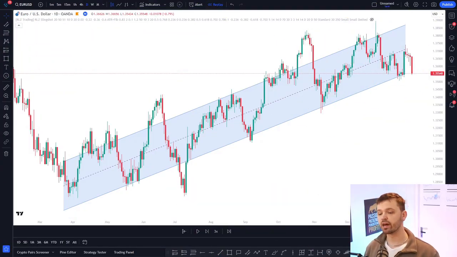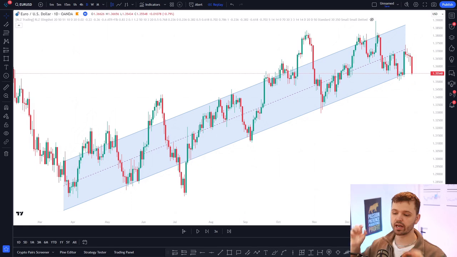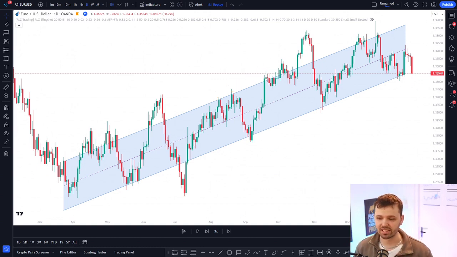Just in the same way as you have a range, you can also have a channel, and it's pretty much the same thing. Well, not really. A range has equal highs and equal lows. It's not really the same thing, but it's the same principle. A range is a sideways price action market, and a channel is a trending market basically. But what you have here is the same as in a range and a channel.